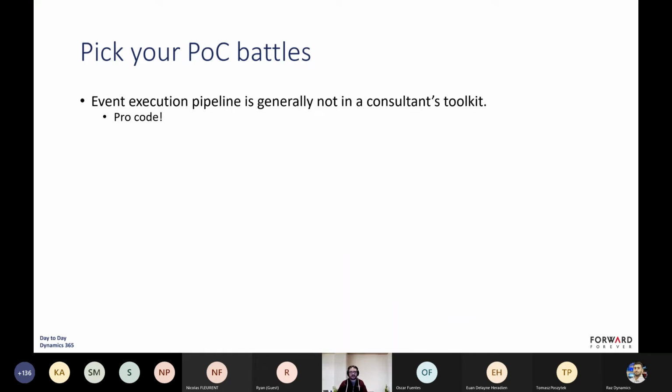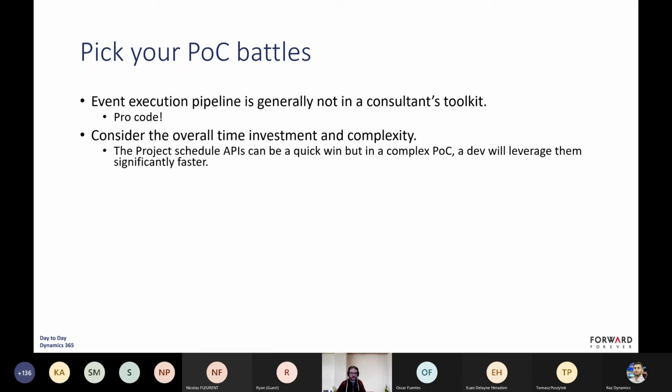That is something that is not generally in a consultant's toolkit. A functional consultant generally, if they understand what the event execution pipeline is, they don't have the tools to leverage that. So that is a pro code pro.